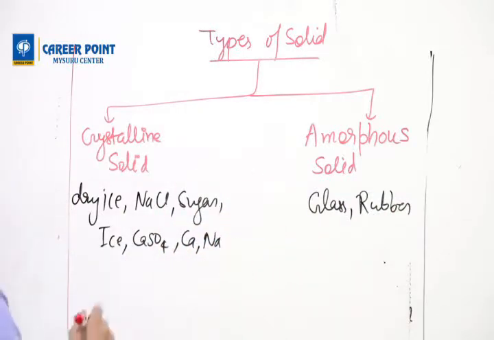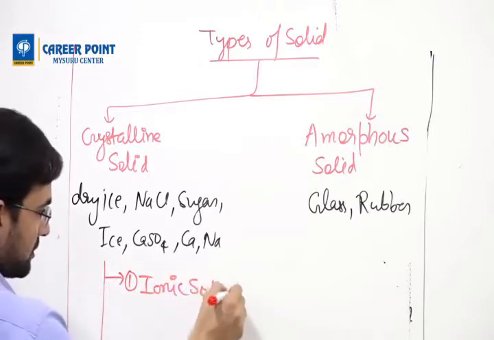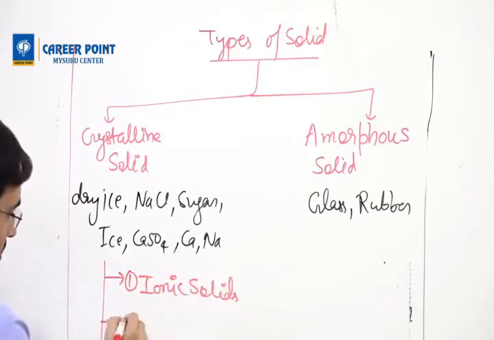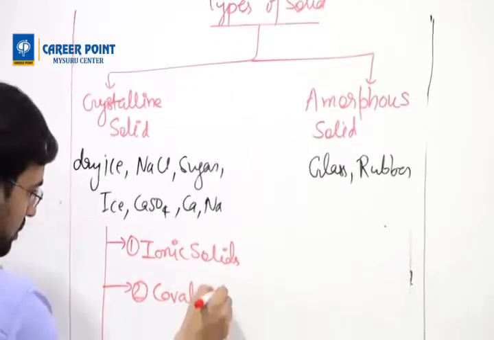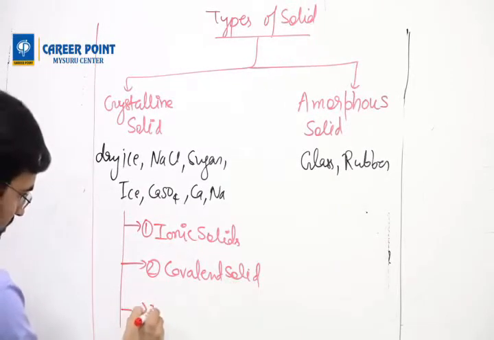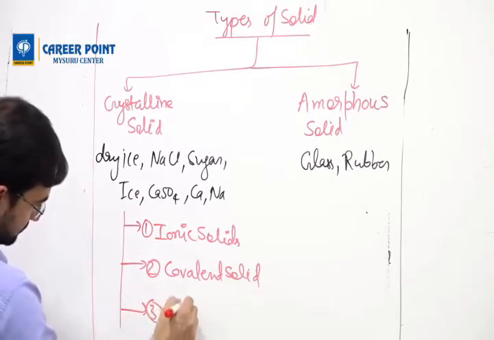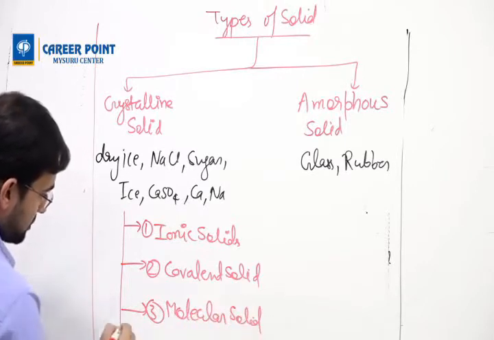Then crystalline solids are of four types. First one is known as ionic solid. Second is covalent solid. Third is molecular solid.